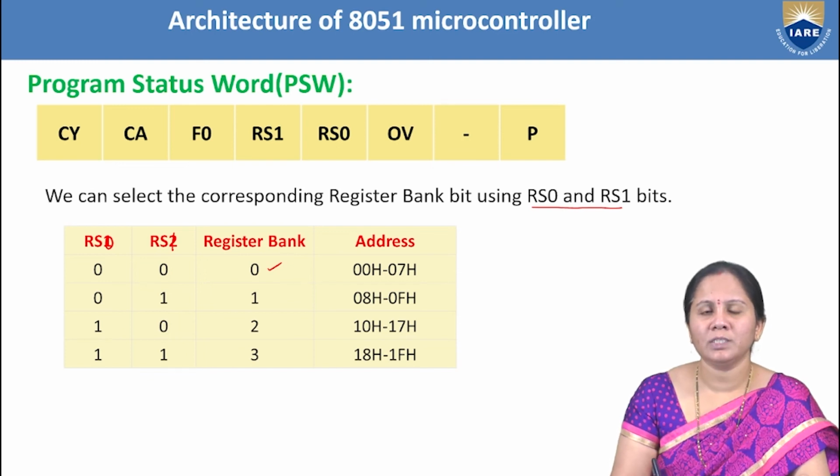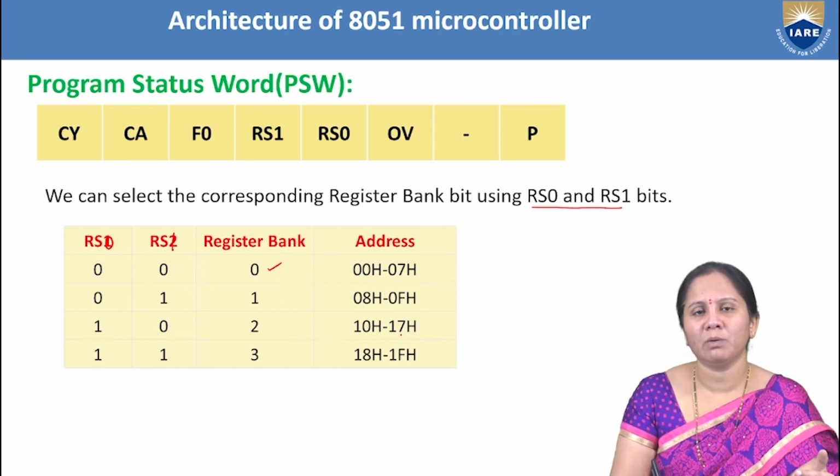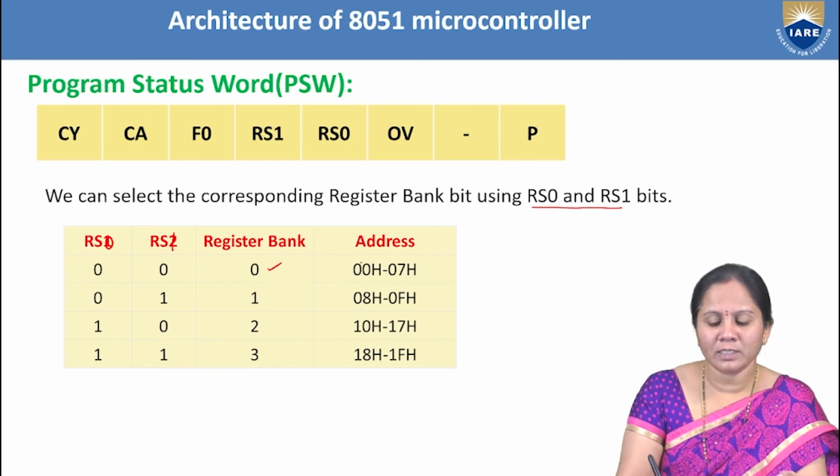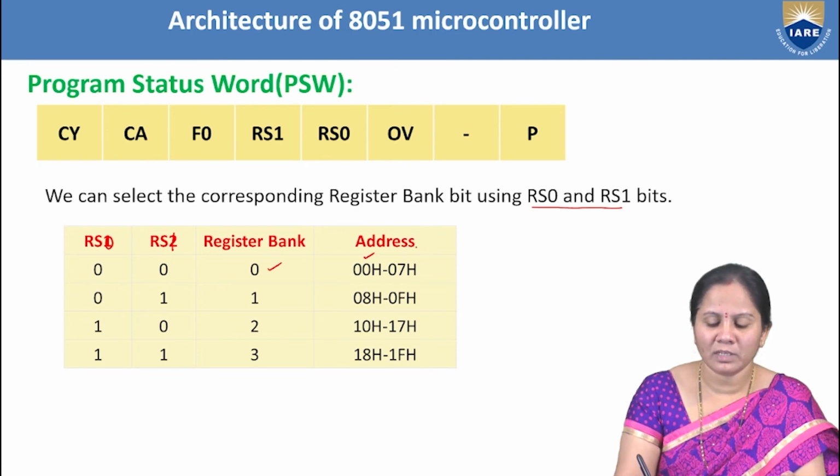Register bank 0 consists of 8 registers, that is from R0 to R7. The R0 register address is 00 and the R7 register address is 07.